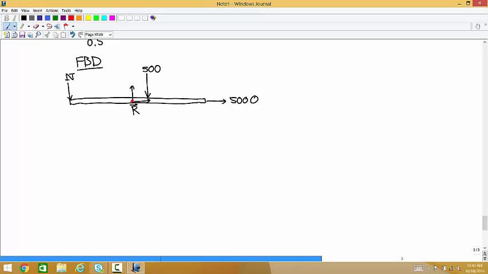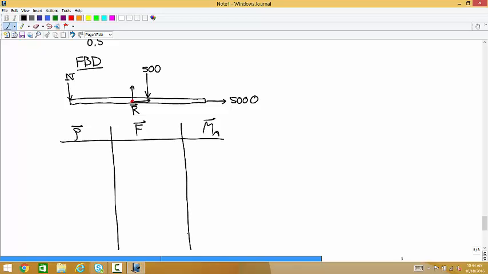And that's the about point. So rho, F, M. For the normal force, for that roller force, the rho vector is -1, 0. The force vector is 0, -N.